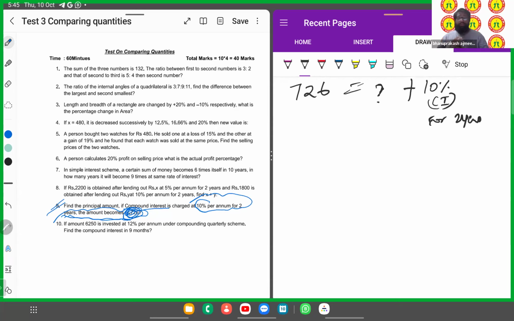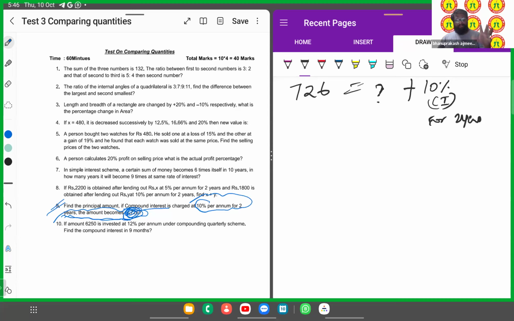I already told you, without the base amount, that is the principal, we can't find out how much the amount is, or how much interest is charged on the principal.